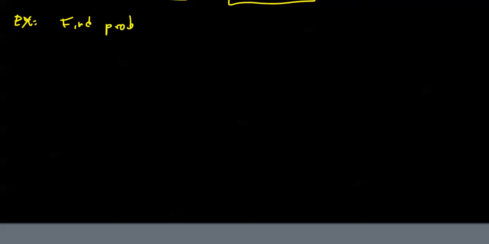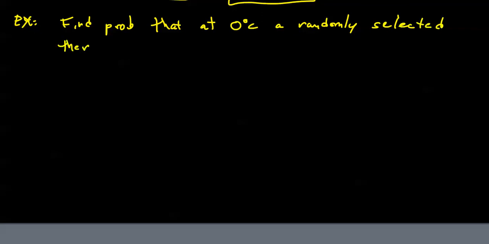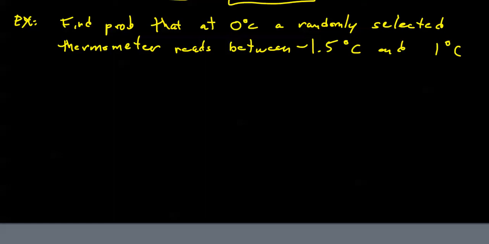Find the probability that at 0 degrees Celsius a randomly selected thermometer from our large pool reads between, let's say, minus 1.5 degrees Celsius and 1 degree Celsius.